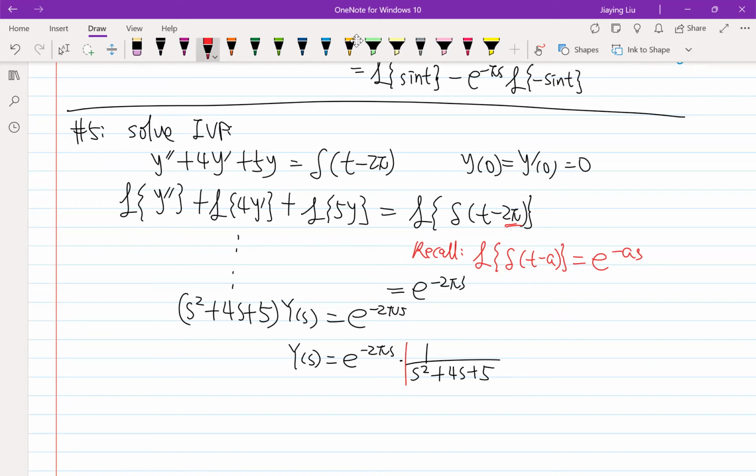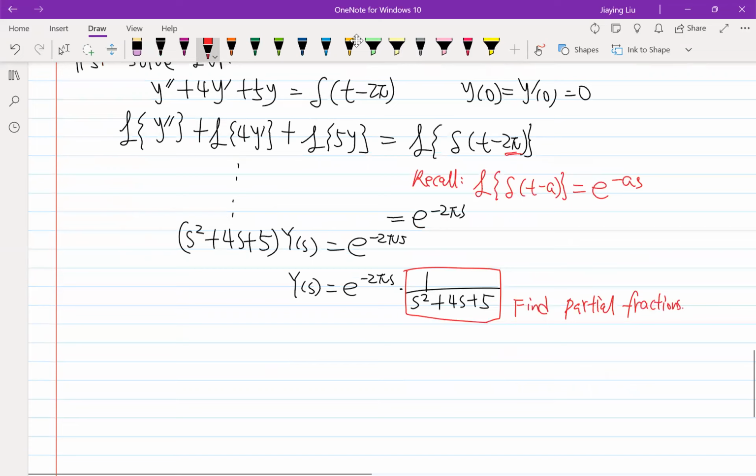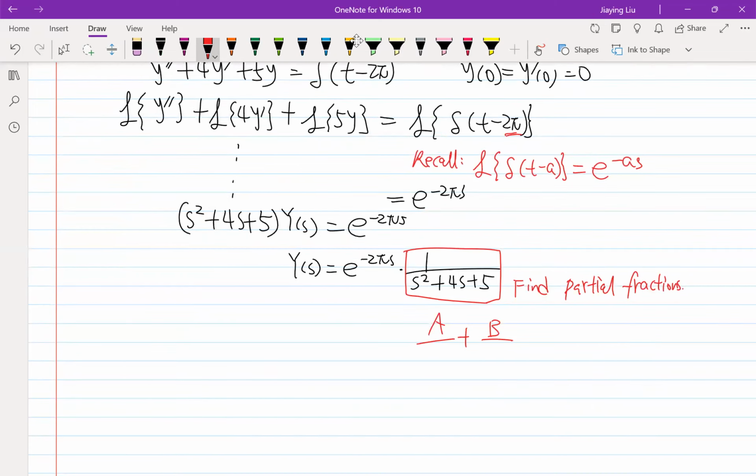So we're going to have to do some prep work. We need to find partial fractions for this. And that will give us a fraction with an a and a b with different denominators. I'm just going to use parentheses rather than numbers for the partial fractions.